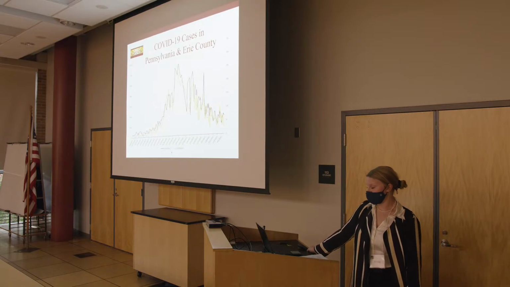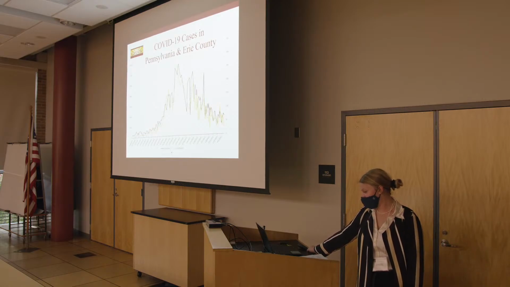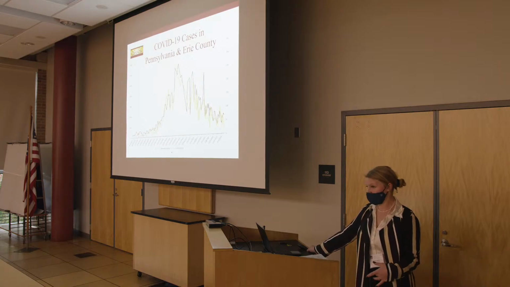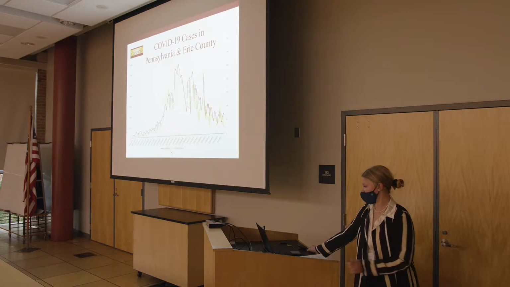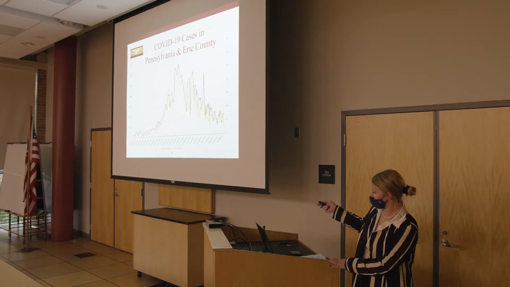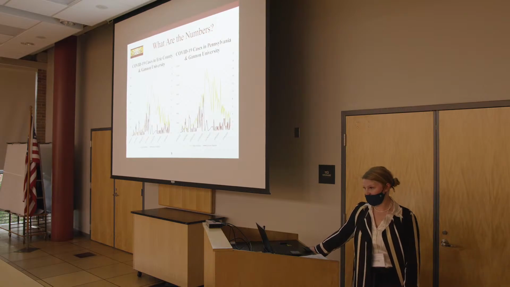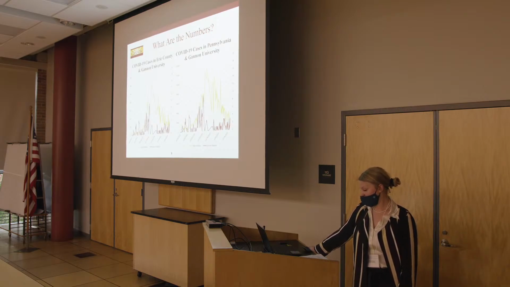When looking at cases of COVID-19 in Pennsylvania and in Erie County, you can see an overlap between the percentage of positive cases in the county in comparison to the overall positive cases in the state, as shown here. But then, when you look at Gannon University compared to Erie County and Pennsylvania as a whole, we're not seeing the same trends.